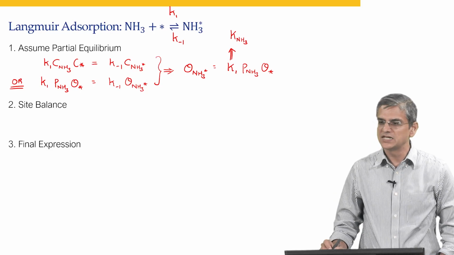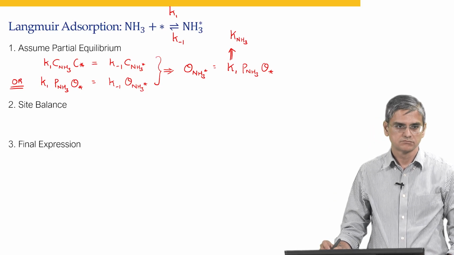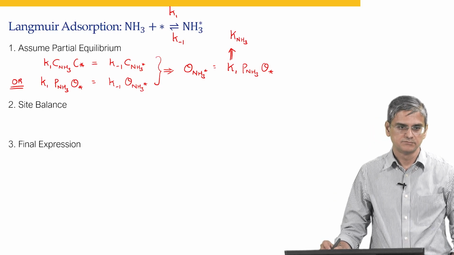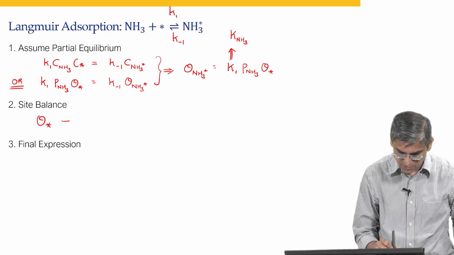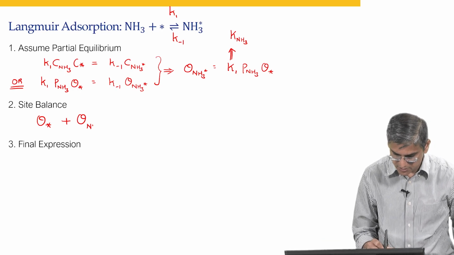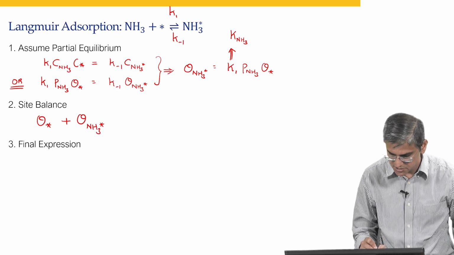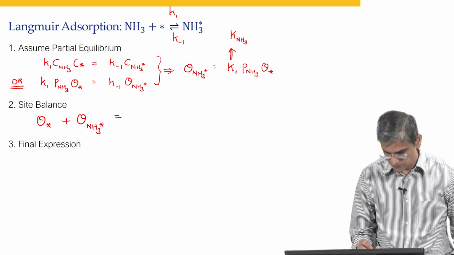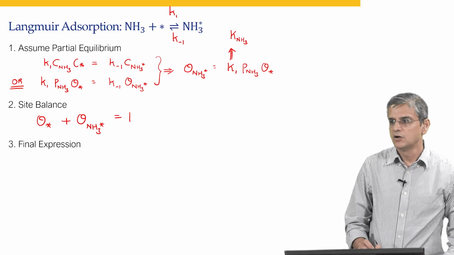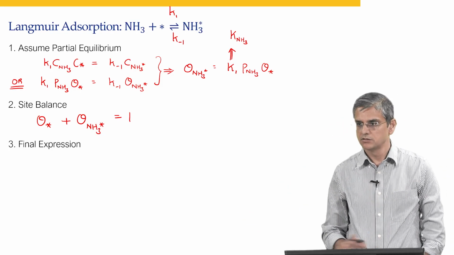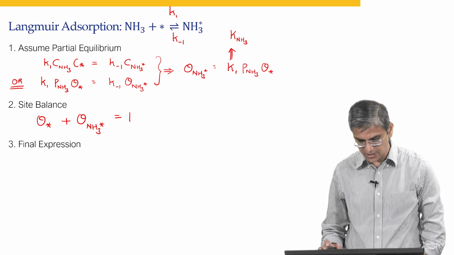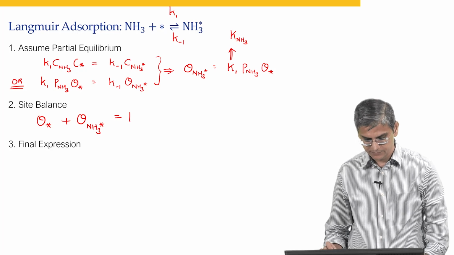What will be the site balance? Theta star plus theta NH3 star equal to what? 1. All the species that we are considering, when we sum them up, end up being equal to 1.